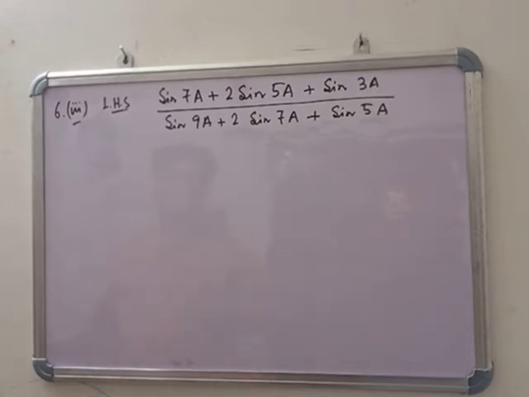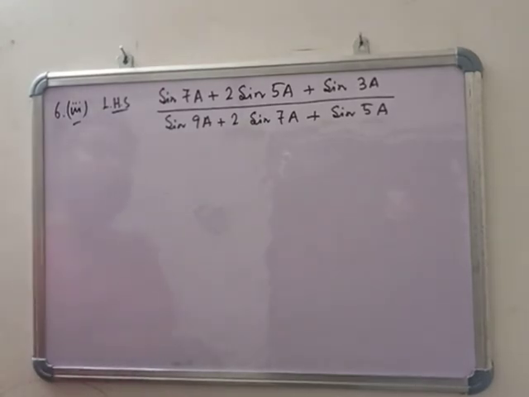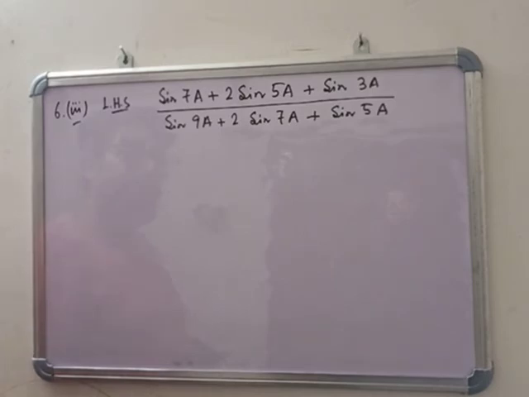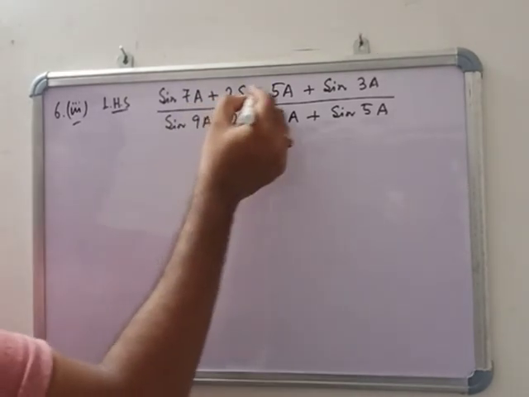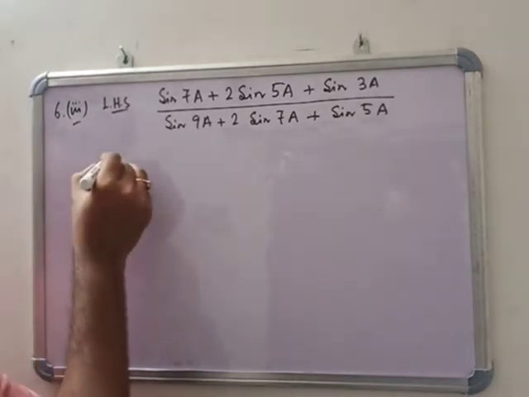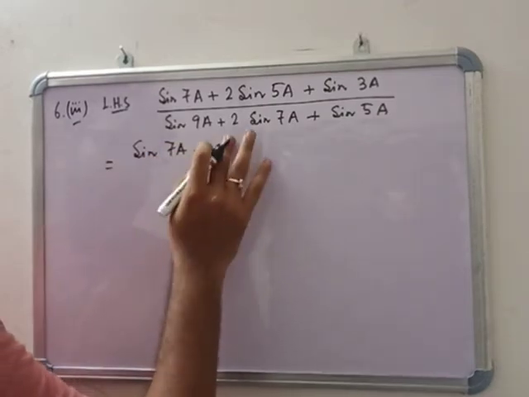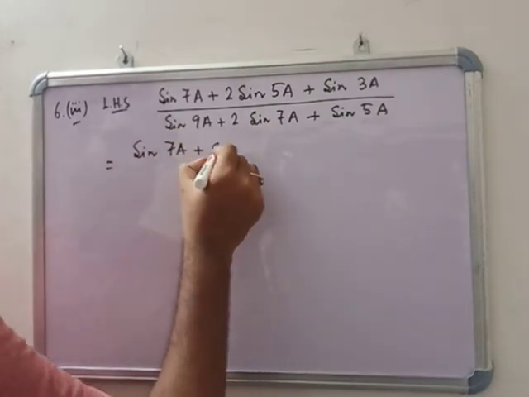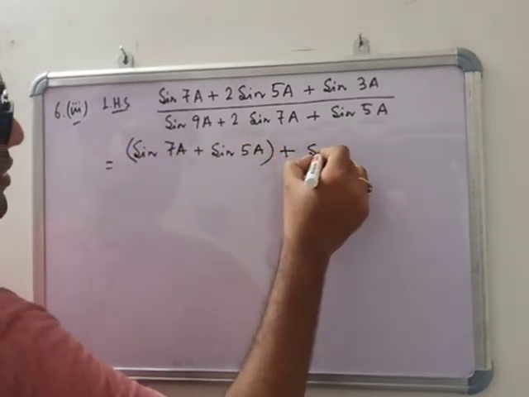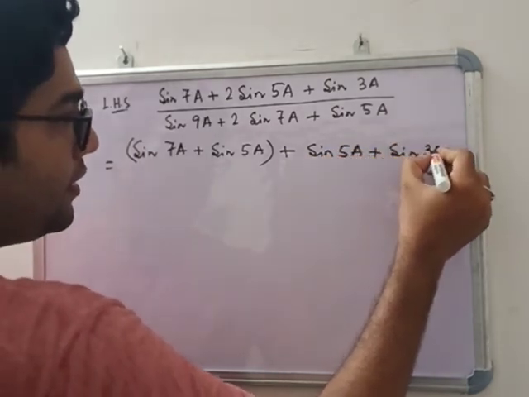See that in 6.3, LHS is given sin 7A plus 2 sin 5A plus sin 3A by sin 9A plus 2 sin 7A plus sin 5A. So in the 2 here given, we can write here sin 5A plus sin 5A. That means if we write sin 7A plus sin 5A plus sin 5A plus sin 3A.